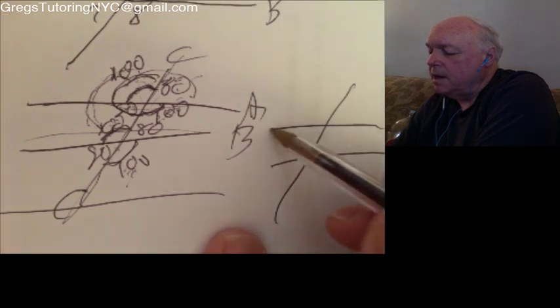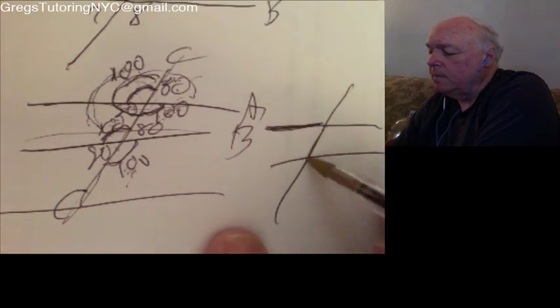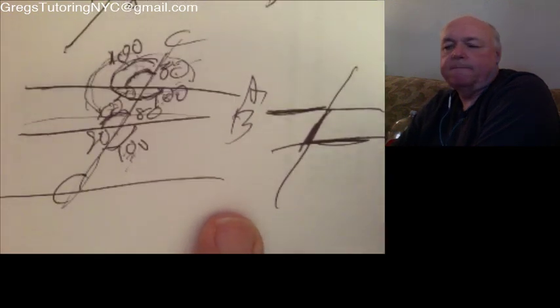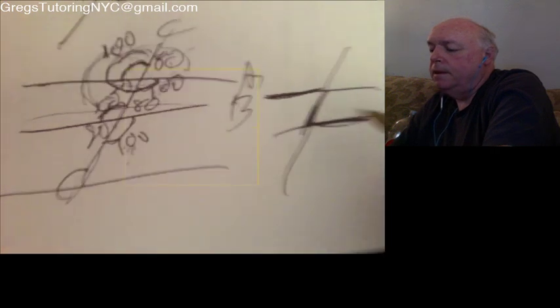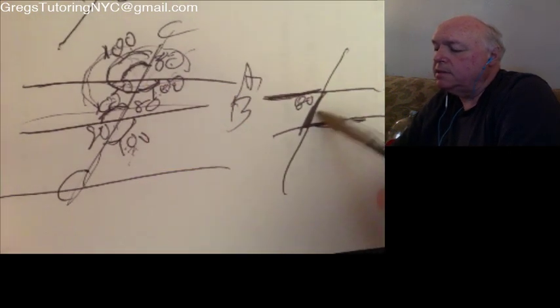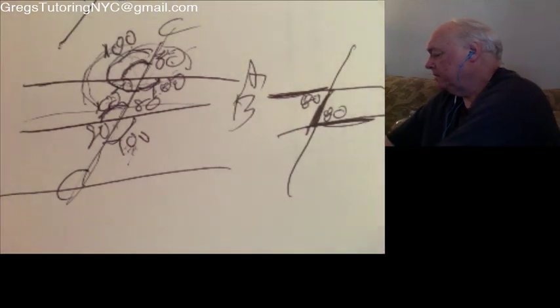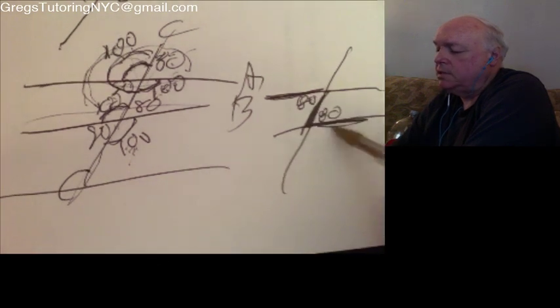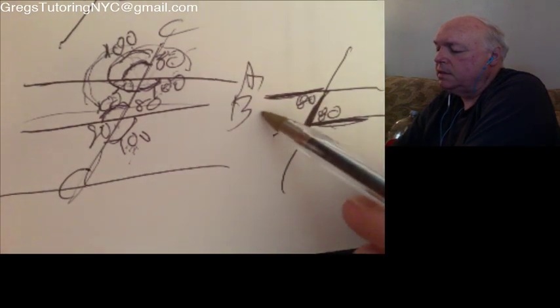and notice this Z shape here. Okay, I had 80 here. I figured out that was 80. This is also 80. All right? So that's called alternate interior angles. This is considered the interior.